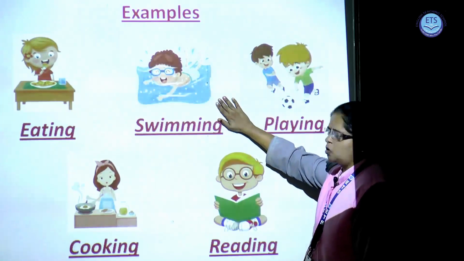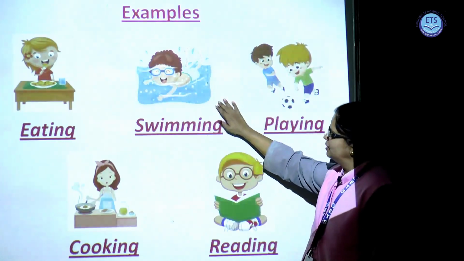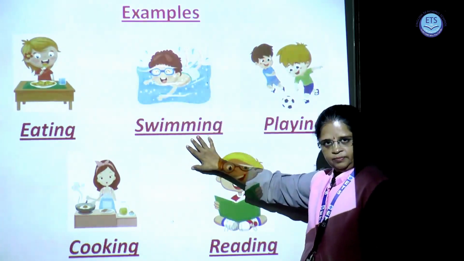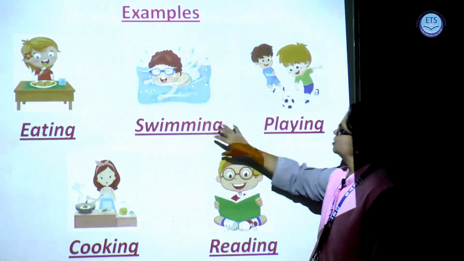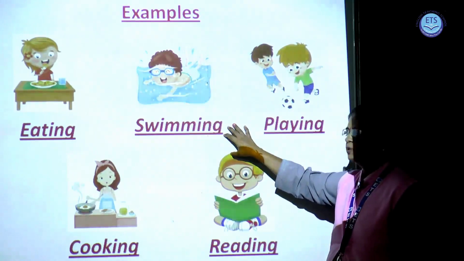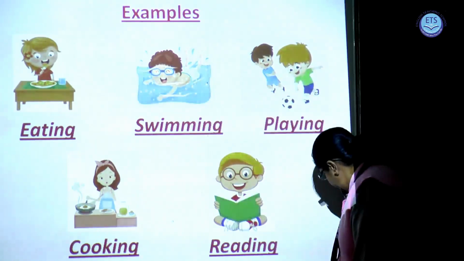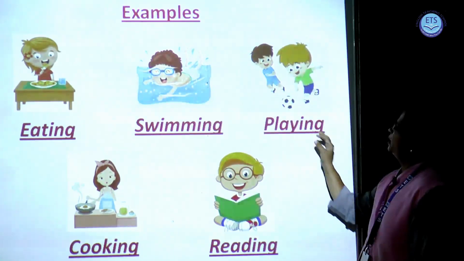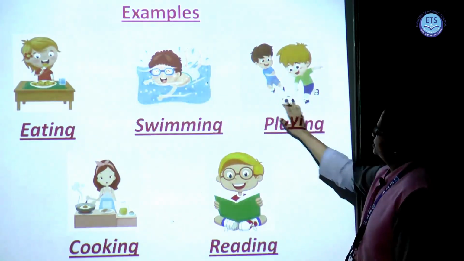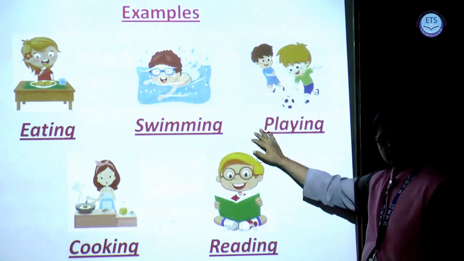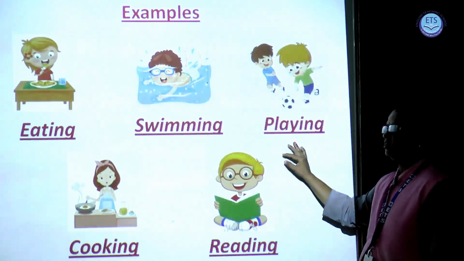Secondly, which is enjoyed by each and every kid, that is swimming. Again, action has been shown over here. So swimming is a verb. Here you find two boys playing football, right? So playing becomes again an action which is loved by each and every kid.